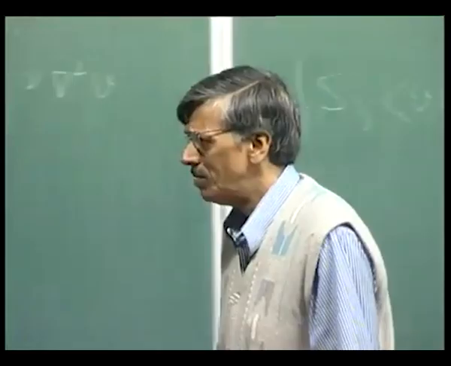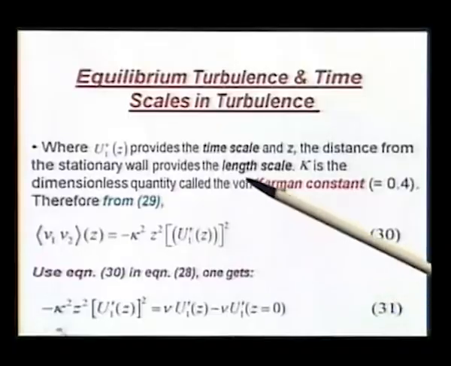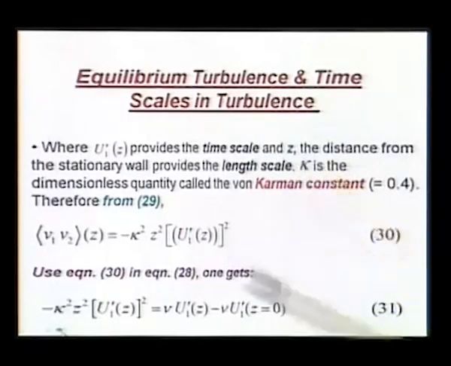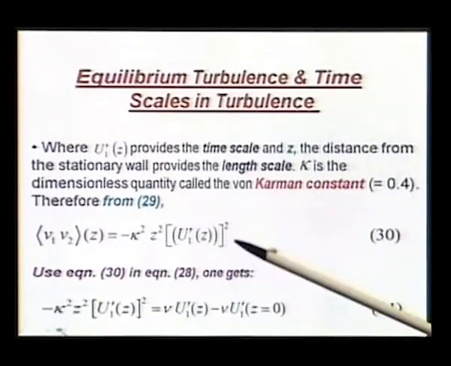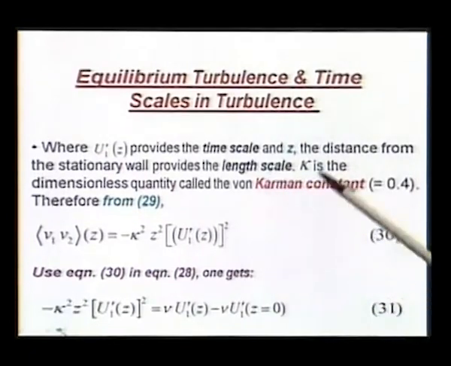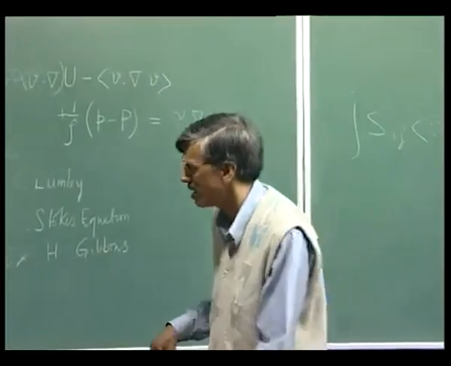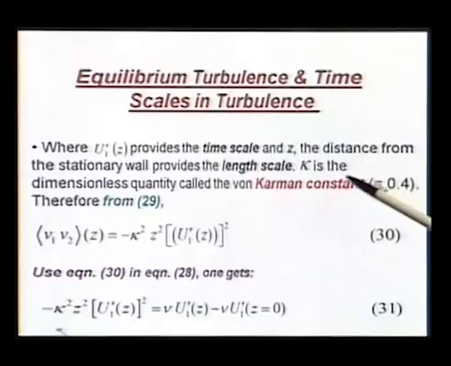So, we have now seen that u prime provides the time scale, and z, the distance from the bottom static wall to any particular height, provides us the length scale. Kappa is a dimensionless quantity, and it has been shown time and again in various other studies that it is a constant, the von Karman constant, taking a value of about 0.4.